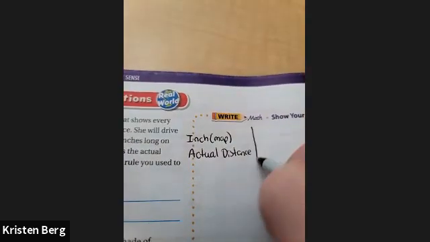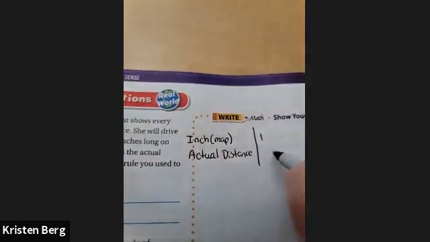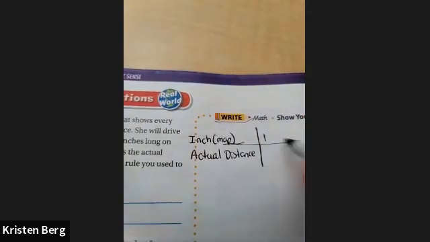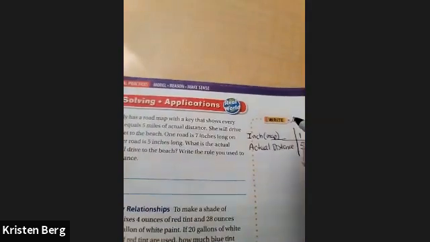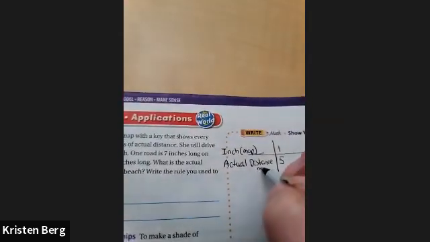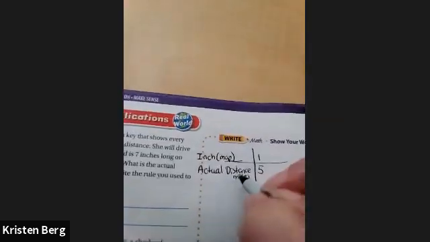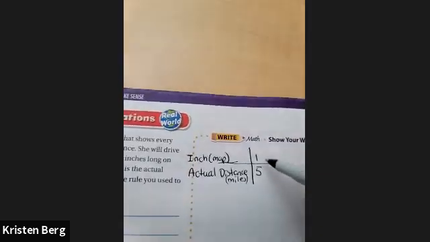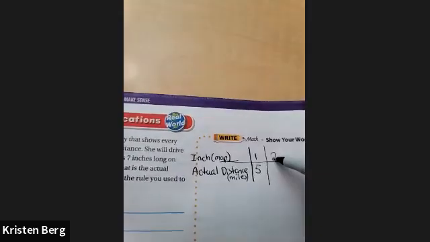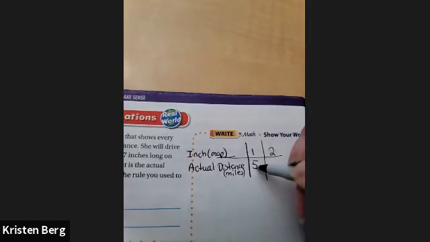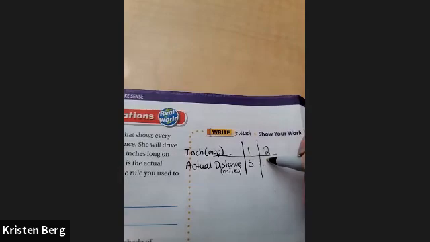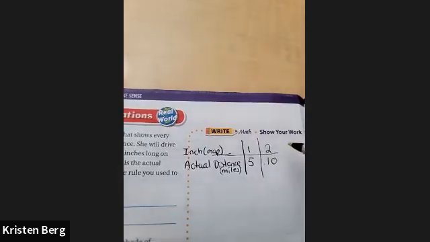So if I have 1 inch on a map, that is going to be 5 miles. Okay, so if I have 2 inches, that would be 5 plus another 5, that would be 10 miles.